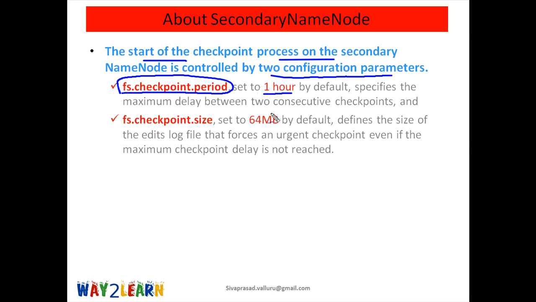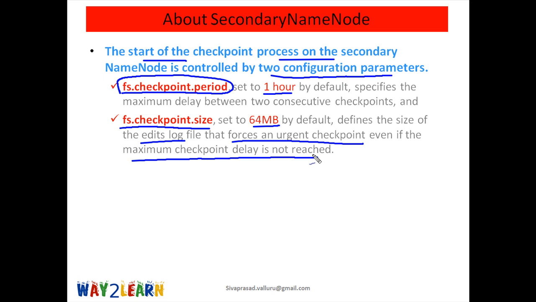By default it is set to 1 hour and you can specify whatever duration you want. And there is one more property called fs.checkpoint.size. The default value is 64 MB. This defines the size of edit logs that forces an urgent checkpoint even if the maximum checkpoint delay is not reached.